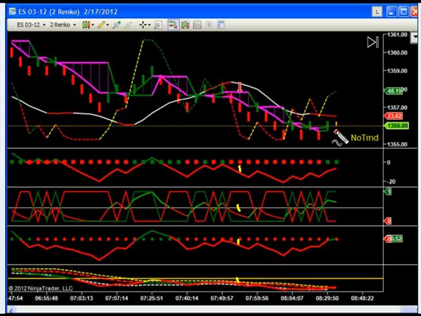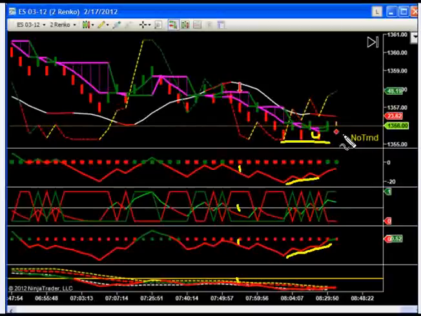Now I should have got out of the trade sooner right in here when this choppiness started, and you can see the divergence here between the DMI differential. It was moving up here even though the equity was flat in through here, and the RWO was also moving up here. So I should have got out somewhere around in this area here. I didn't, and I managed to squeeze out a 1 point profit for this trade.